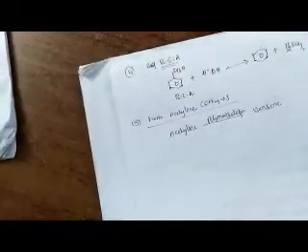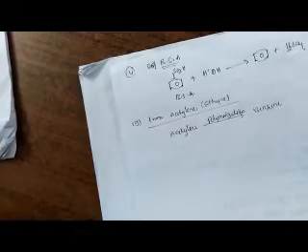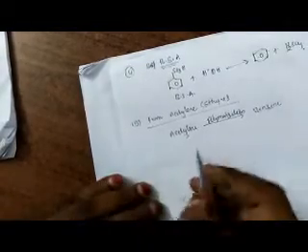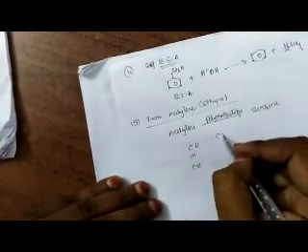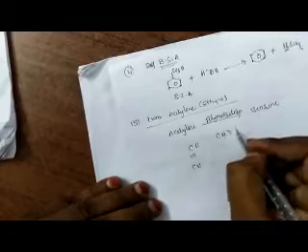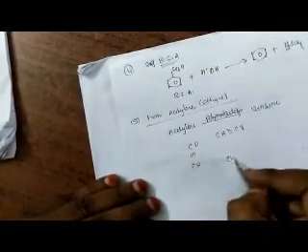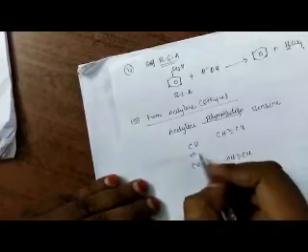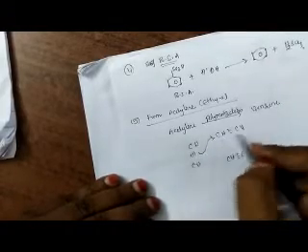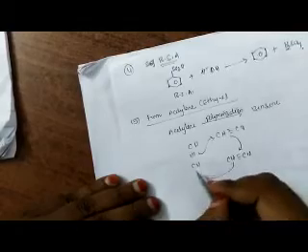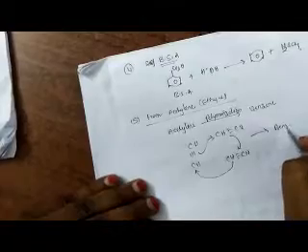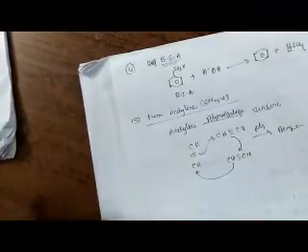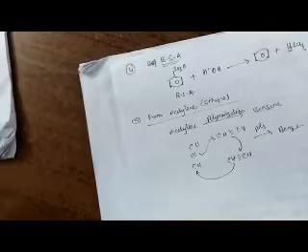The general reaction is CH triple bond CH, three molecules of it. On polymerization of three molecules of acetylene with each other, we will get a benzene molecule.